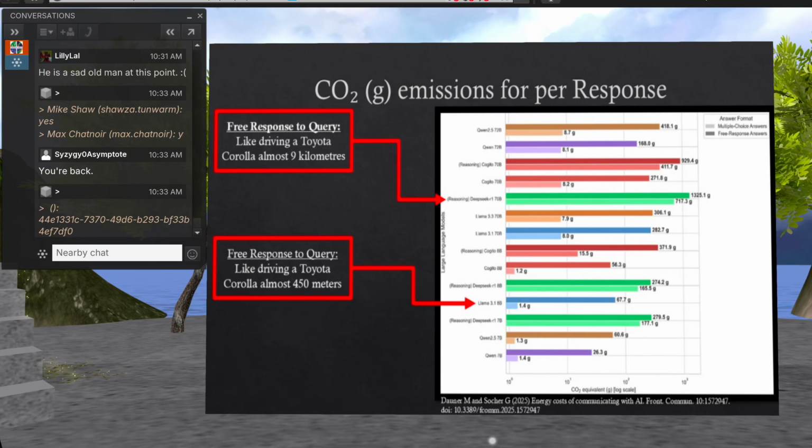It takes a lot of power to run the servers that allow you to generate outputs with ChatGPT, with DeepSeek, with Claude, with all these different LLMs that exist today. If you're using a very large model, the amount of energy that's consumed, and the amount of CO2 that's produced as a result, is huge compared to anything somewhat small.